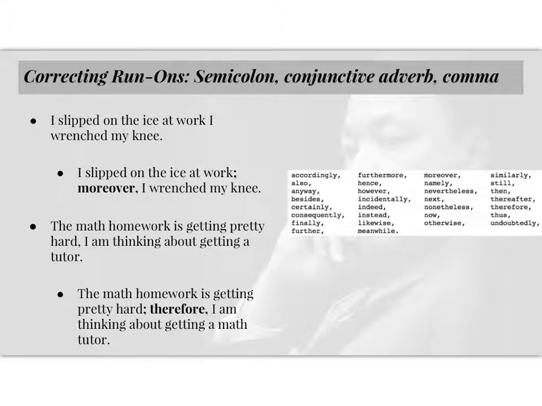Another way to correct a run-on, still using a semicolon, but then you also use what's called a conjunctive adverb. And here's a list of some of the more common conjunctive adverbs right here. So you can see this first sentence, the original, I slipped on the ice at work, I wrenched my knee. So we've got a fused sentence here. Again, if you use the yes-no test, did I slip on the ice at work?